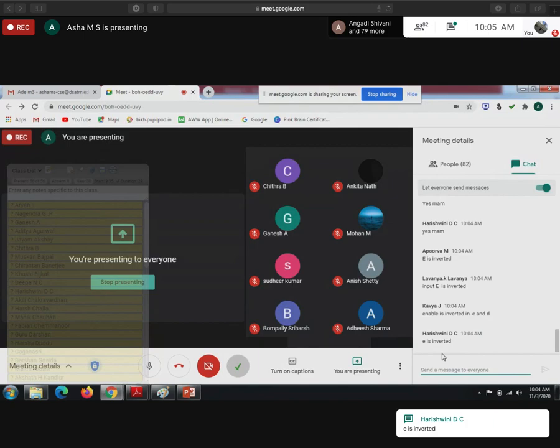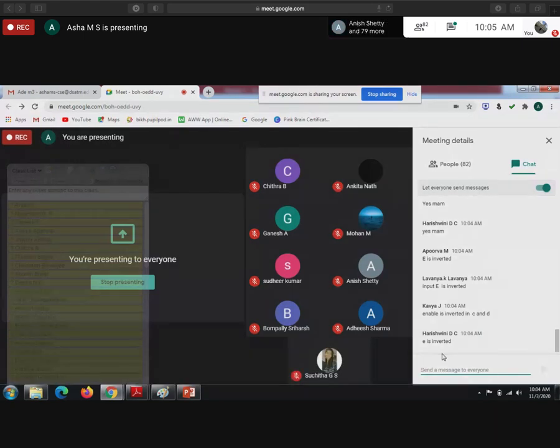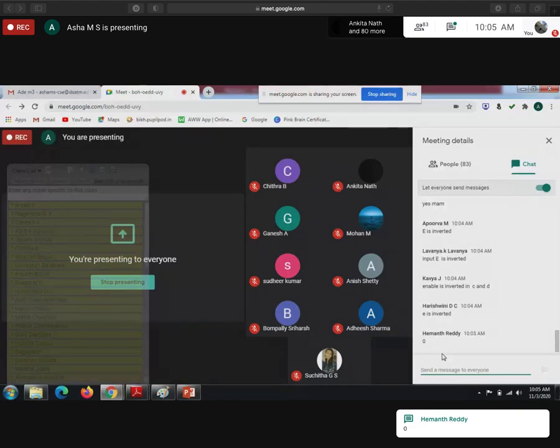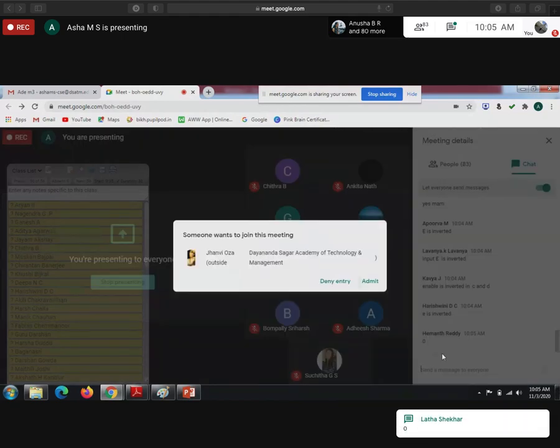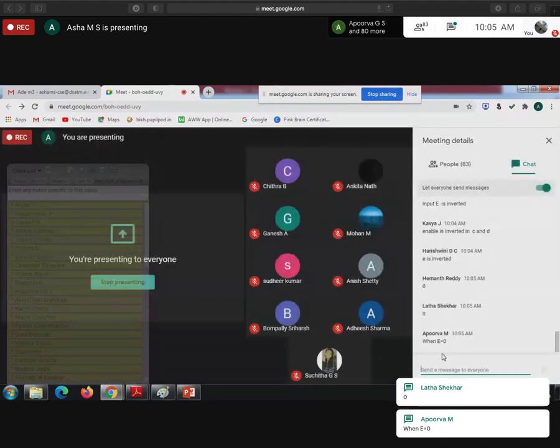Okay, enable is inverted. When the enable is inverted, when will it act as a multiplexer, when will it be active? If you give what value for enable, it will be active? Very good.